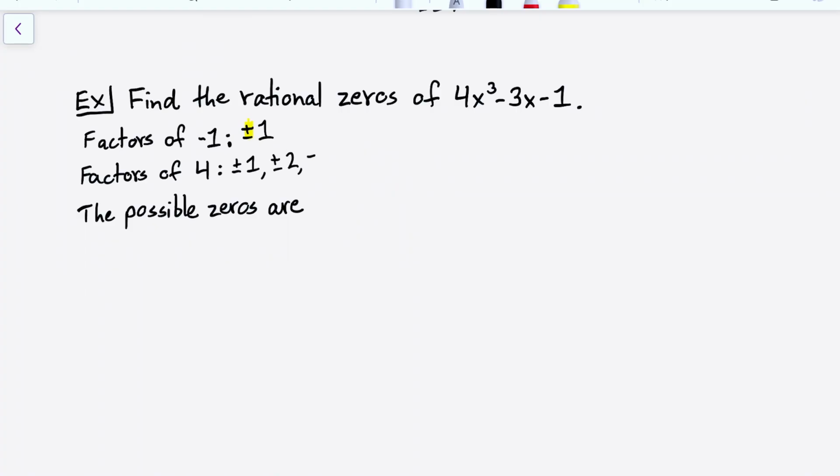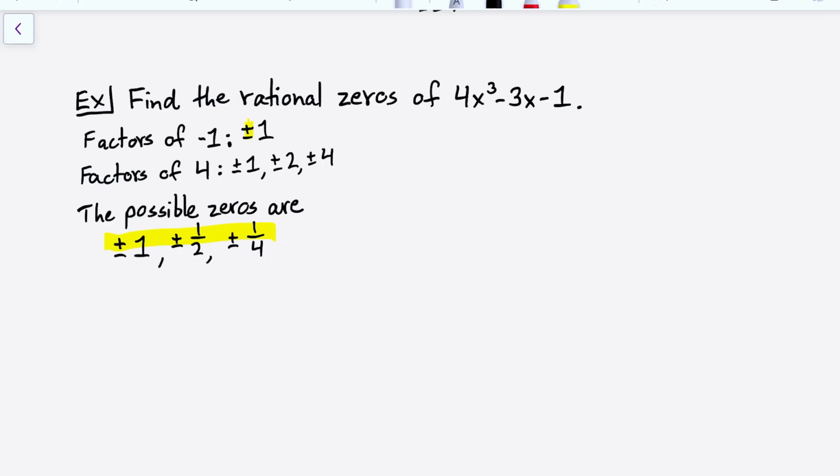The factors of 4 are positive or negative 1, positive or negative 2, positive or negative 4. So the possible zeros would be plus or minus 1, plus or minus 1/2, plus or minus 1/4. Any actual zeros that exist are found on this list.